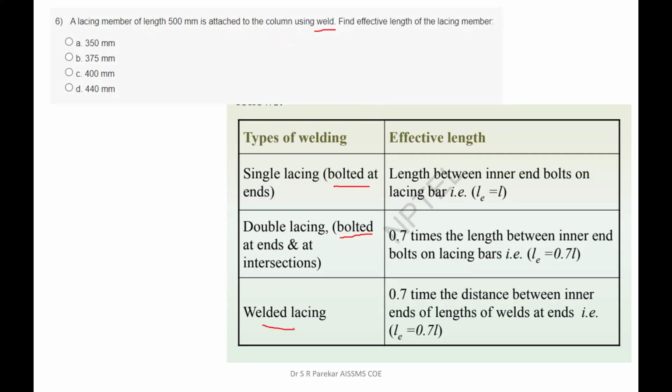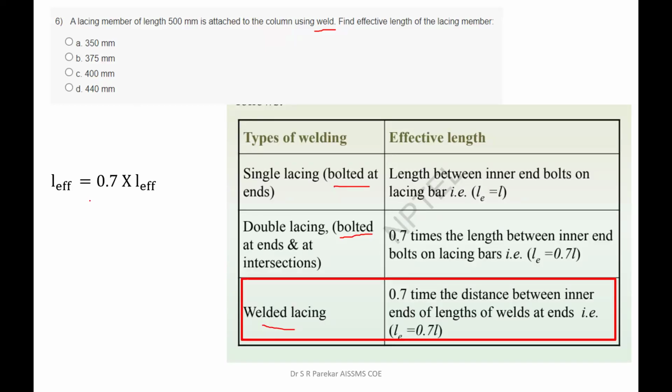Third is welded lacing, and that is given 0.7 times the distance between inner ends of the lengths of welds. So a lacing member of length 500 is given. L effective is 0.7 L. Then we have 0.7 into 500, so L effective comes to 350 mm. Means we have option A.